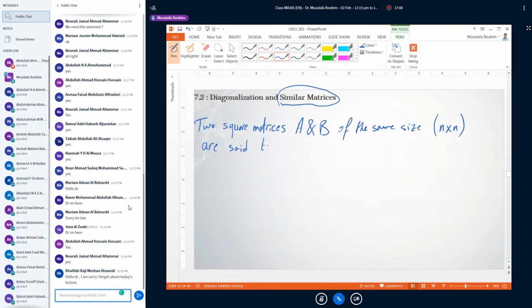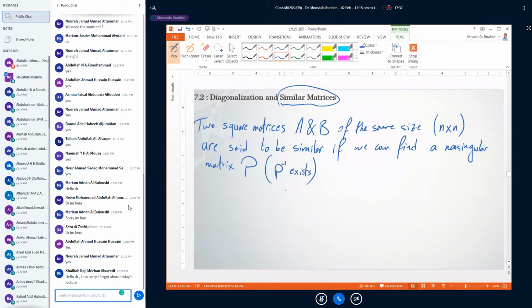We say that two matrices are similar if we can find a non-singular matrix P. What does a non-singular matrix mean? P inverse exists, correct?